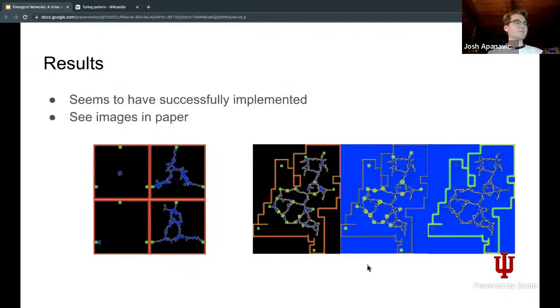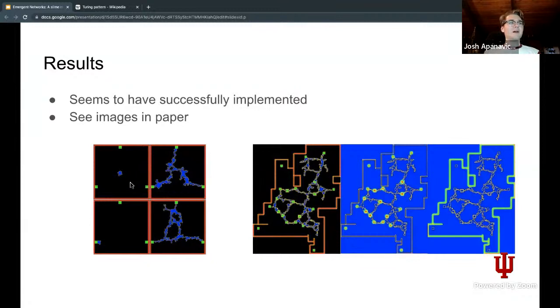And so, like I said, he didn't really go too much into detail about what the results mean. He was more concerned with just getting the simulation to work. But it seems to have been successfully implemented.